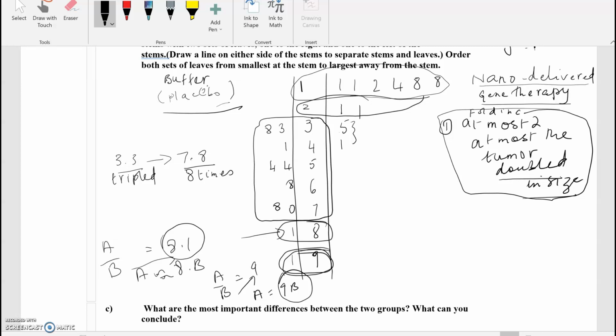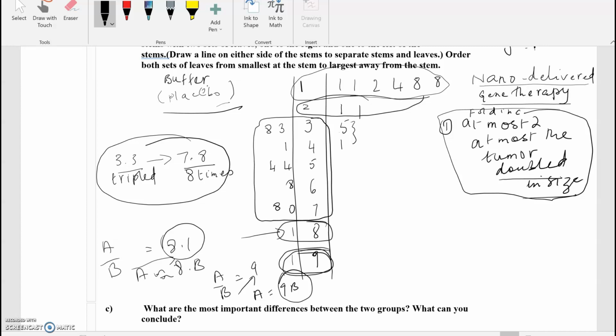At most, the size of the tumor doubled. But look at this. At best, the size of the tumor was 3 times the original size. So clearly, the nano delivered gene therapy seems to be working better than no treatment at all, right?